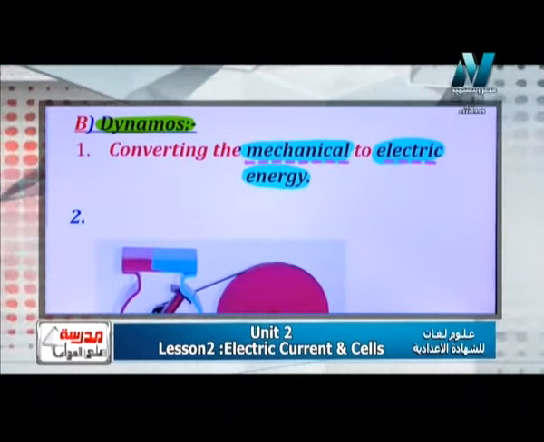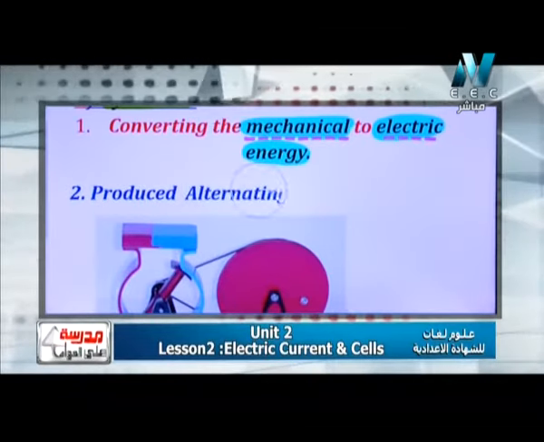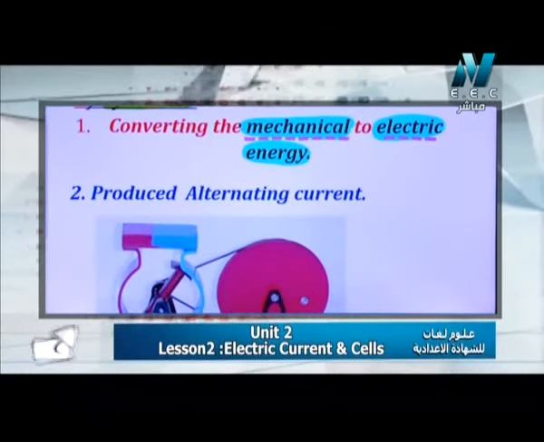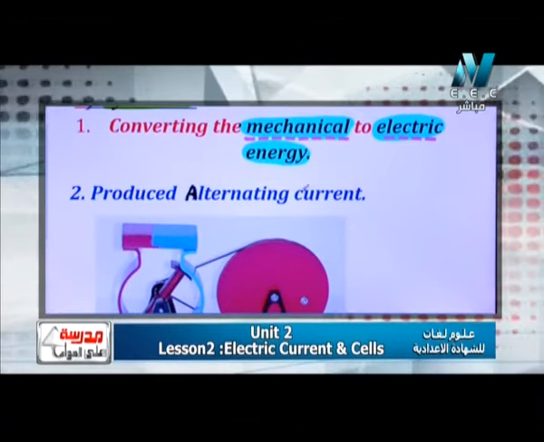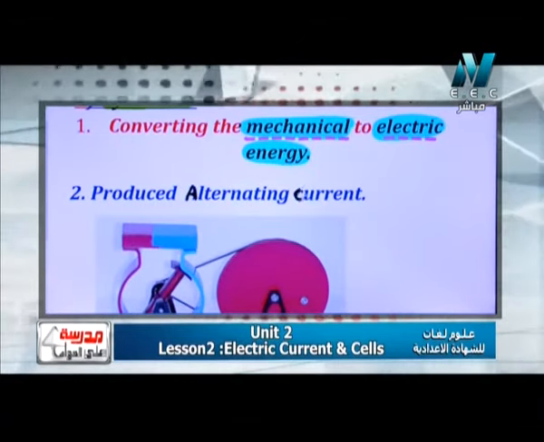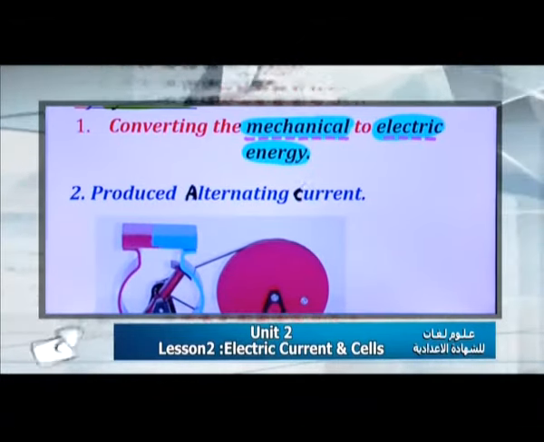And dynamos produce alternating current. So we talk about alternating A, current C: AC.